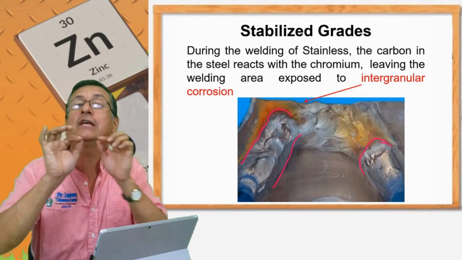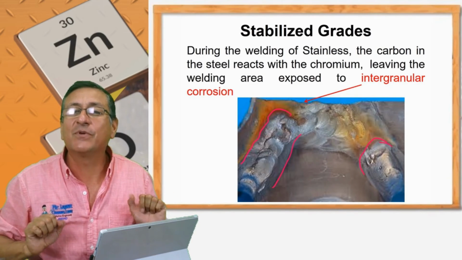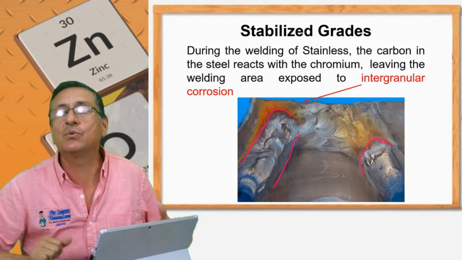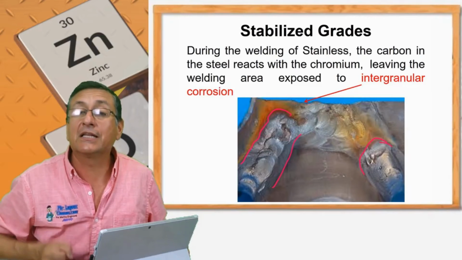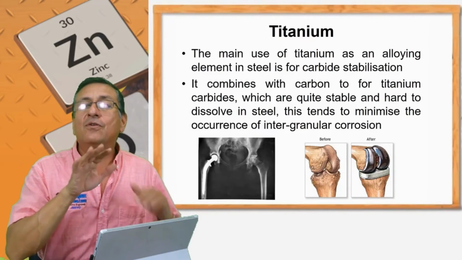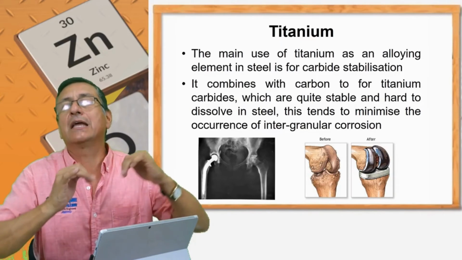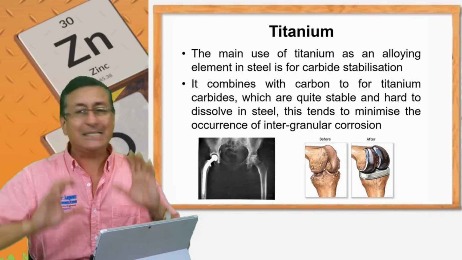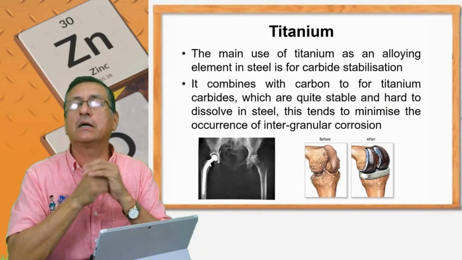It is the corrosion in the neighbor of the welding area, when you have two dissimilar metals together. If you have titanium in the alloy, the titanium eliminates that possibility of intergranular corrosion in the neighbor. For that reason, it's critical, it's important in surgical devices.